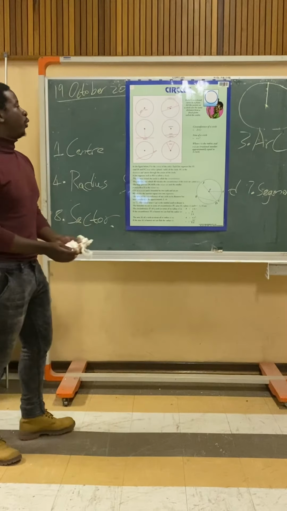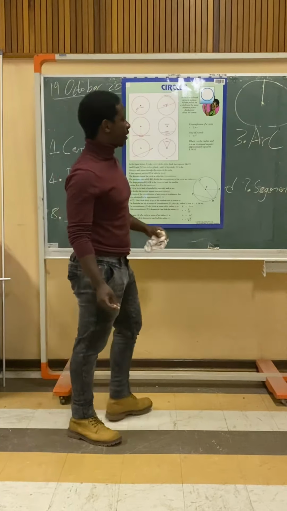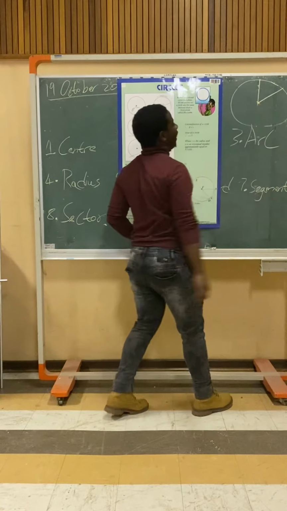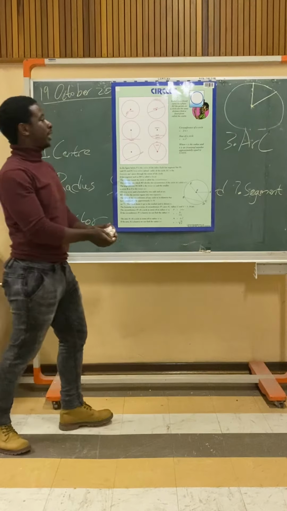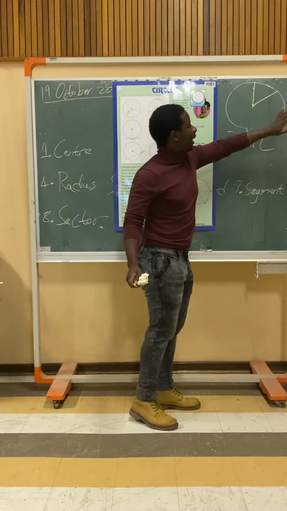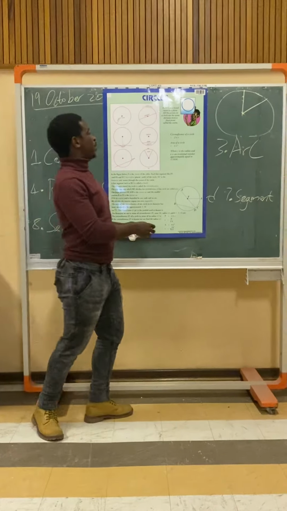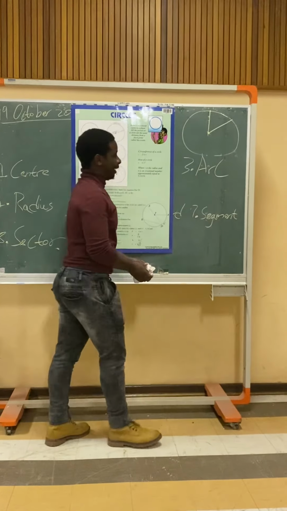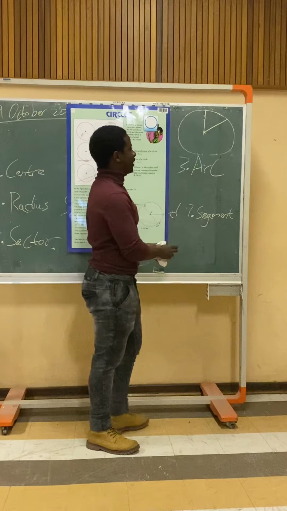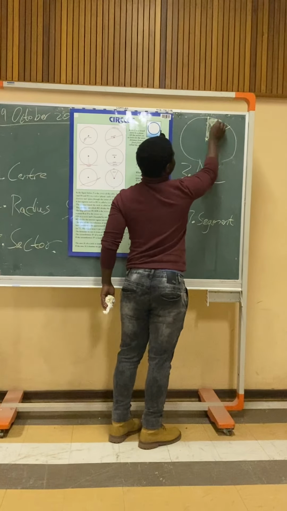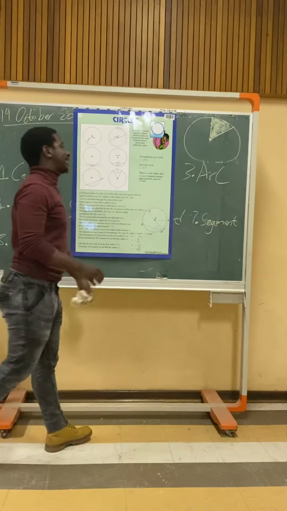So how do you then see your sector? You have to have another radius. A radius is from the line of the circumference to the center. So if you have two radii drawn like this, then this part is what we call a sector.